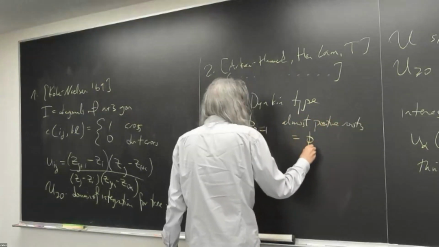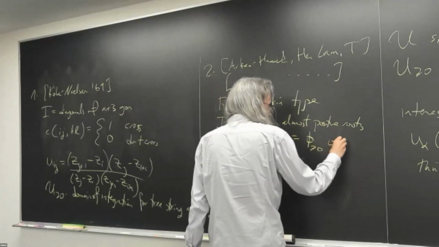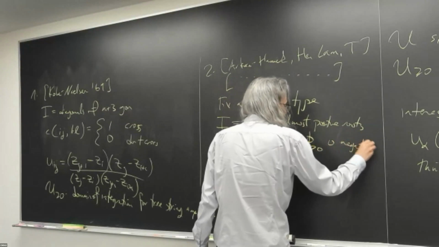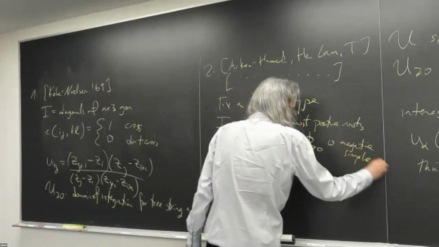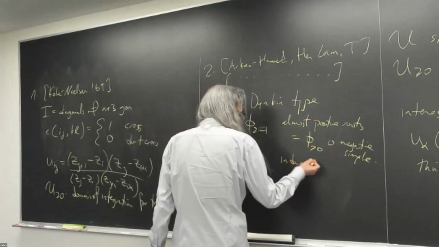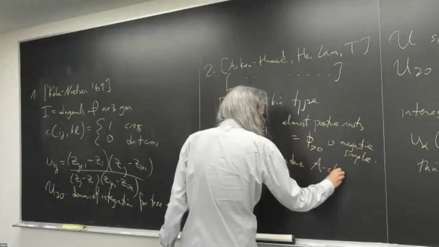By definition, the positive roots union with the negative simple roots, and these index the A cluster variables.